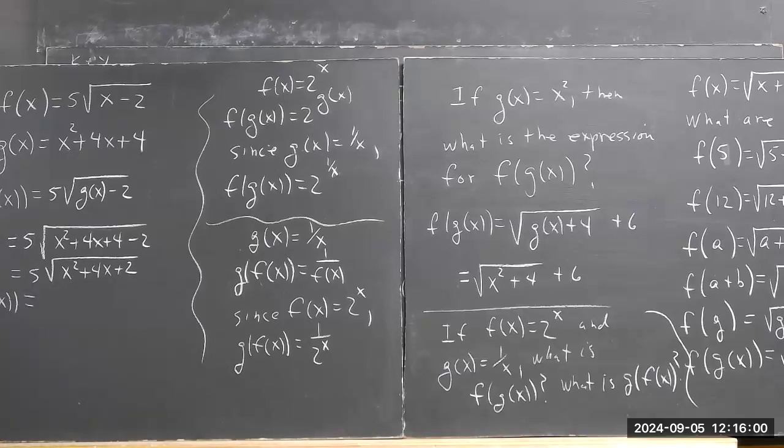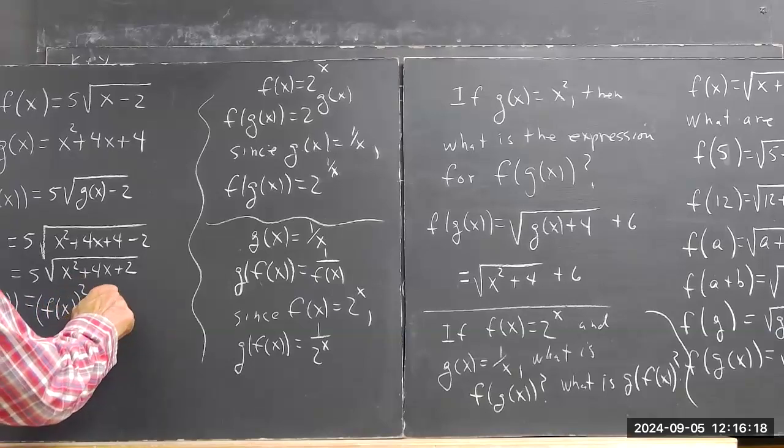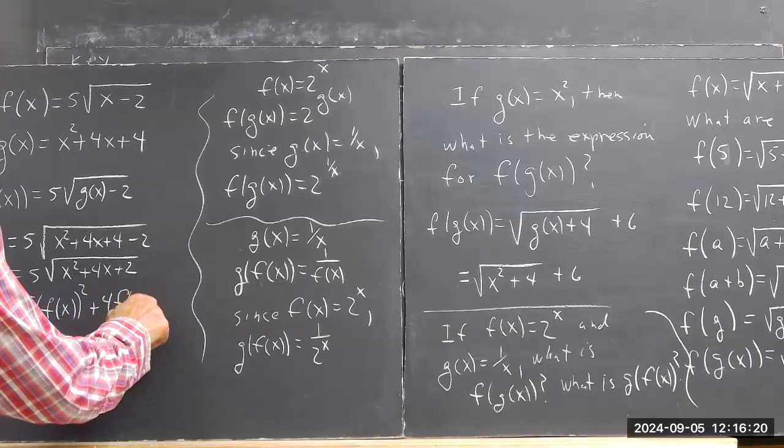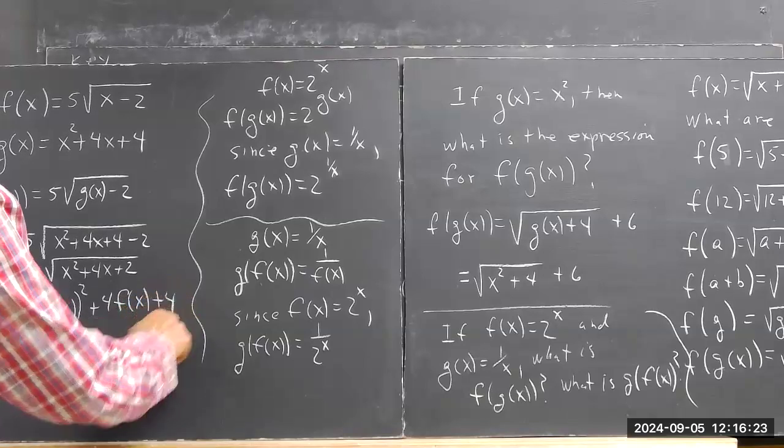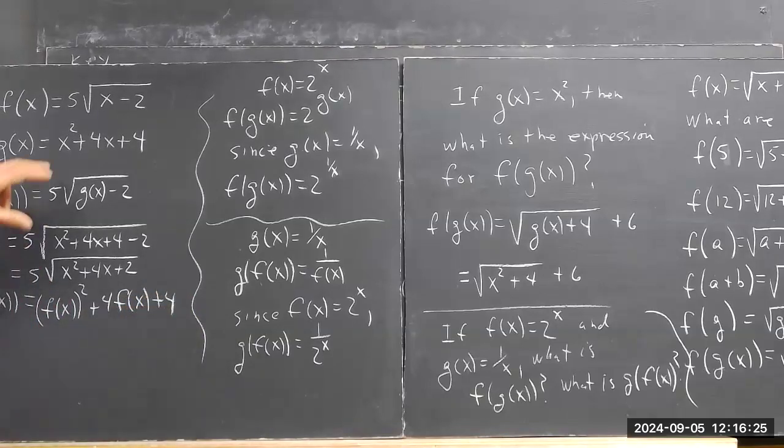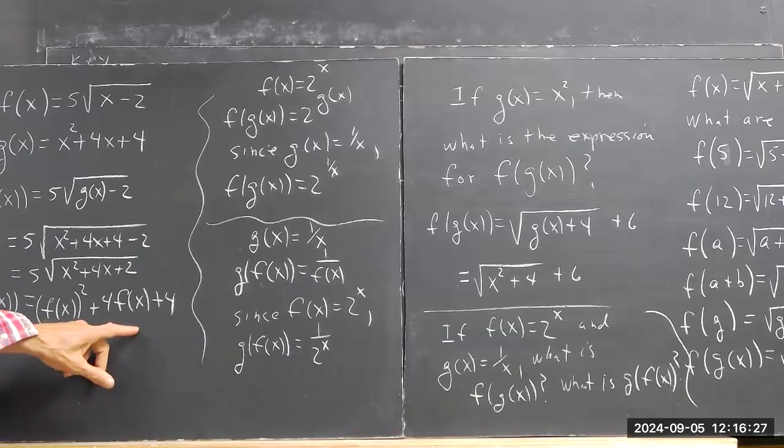Okay, so you got F of G of X now. Now G of F of X. G of X is X squared plus 4X plus 4. If X is then replaced by F of X, then we have to replace every X over here by F of X. And it's pretty easy to see that if you replace all these X's by F of X, this is what happens.